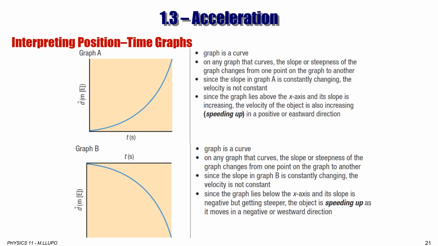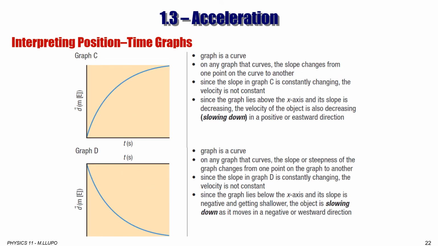You do the same thing with the other graphs. If you see that graph A is getting steeper and steeper, that means the object is accelerating. The other one is negative, but is still getting steeper and steeper. That means both objects in graph A and graph B are speeding up.